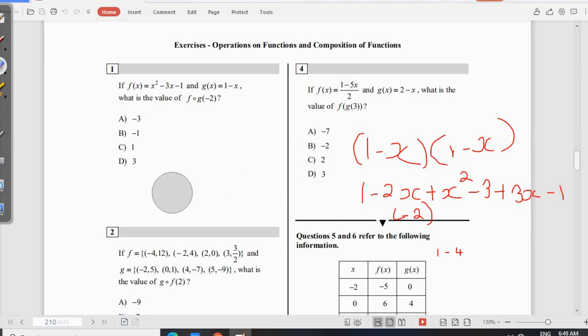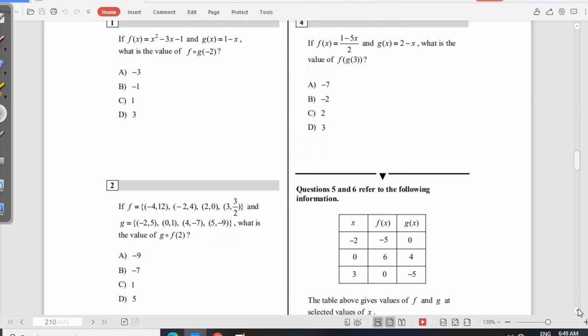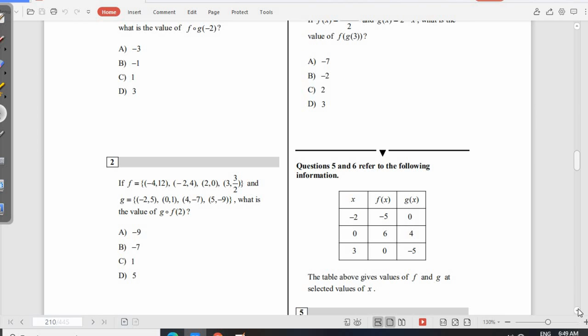Alright, so we have question number 2. If f equal to minus 4, 12, minus 2, 4, 2, 0, 3, 3/2, these are all coordinates, and g are this. What is the value of g of f of 2?